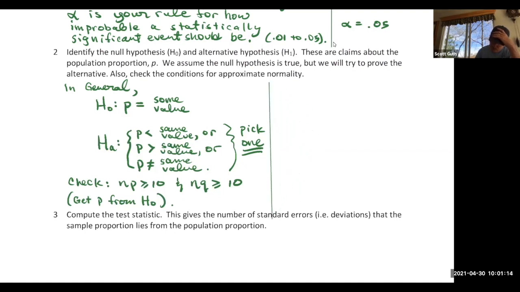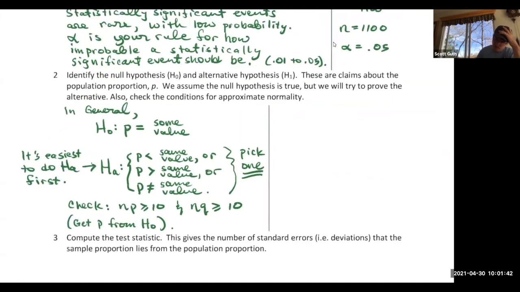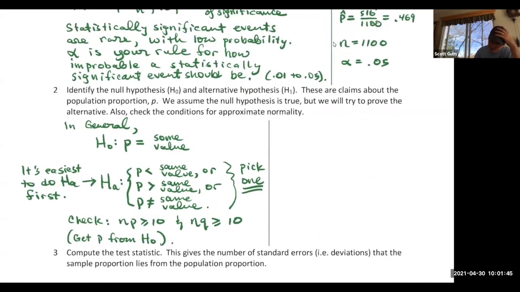Now, I would recommend you do HA first, so it's easiest. Okay, so let me show you what I mean. I'll just put H0. It needs to say p is equal to some value.